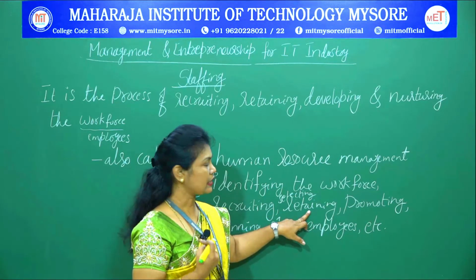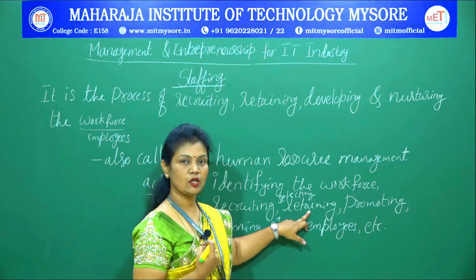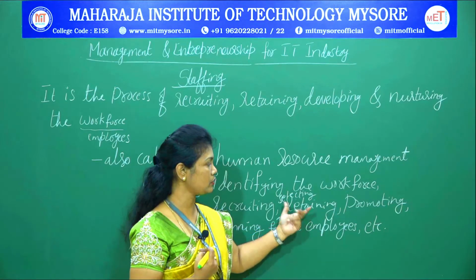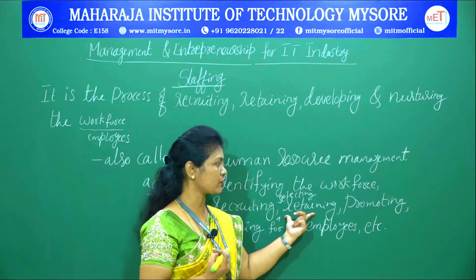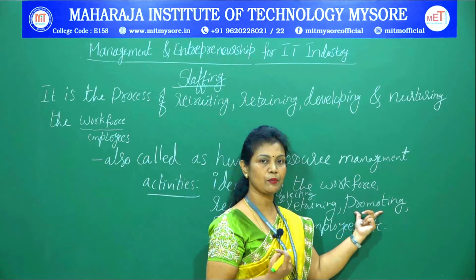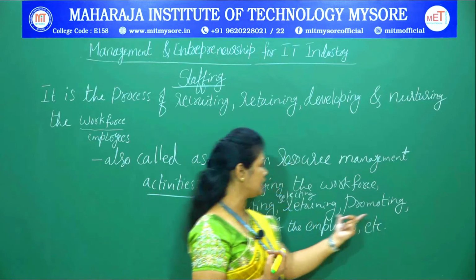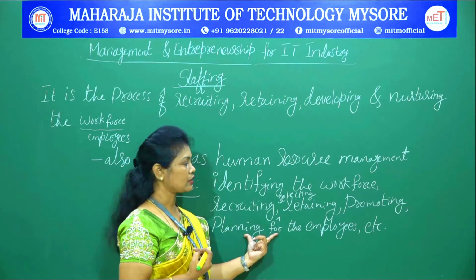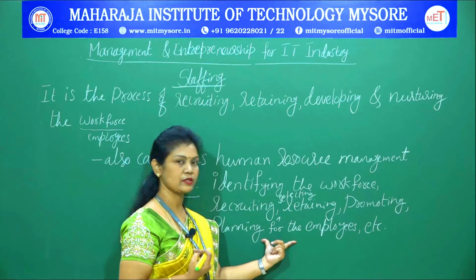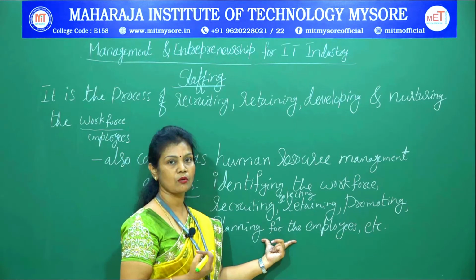Then, if any people are working in the organization, they are going to search how many people can be retained, then how many employees can be promoted to the next levels. So, they are going to plan for the employees. What is this plan? How they can grow in the existing position.